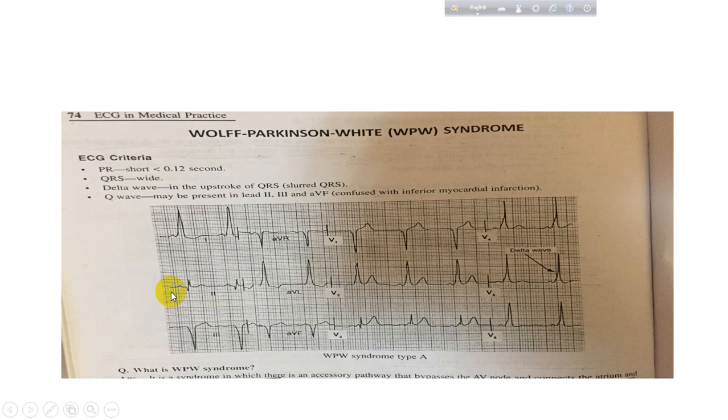The PR is short, less than 0.12 second, and QRS is wide, and this is a delta wave in the upstroke of QRS, slurred QRS. Q waves may be present in leads 2, 3 and aVF, sometimes confused with inferior myocardial infarction.